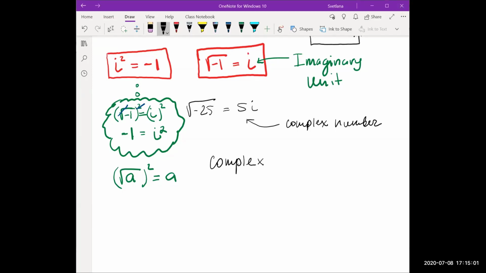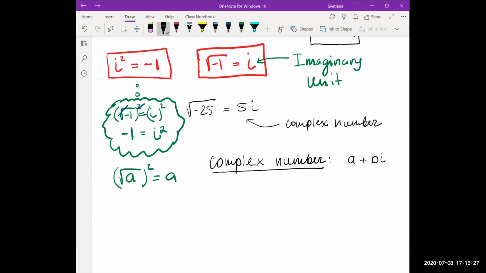Complex numbers, even though 5i is a complex number in general, have a special form. They have two terms involved. They have this form, a plus bi. Okay, so that's the form of a complex number.